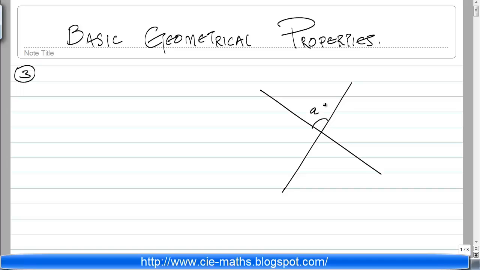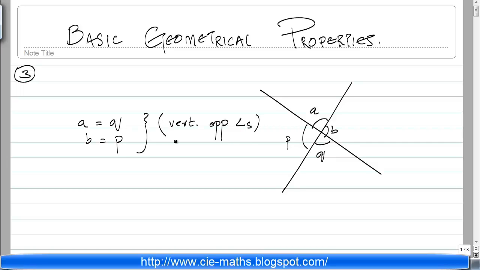That is, if this angle was A, the angle that is vertically opposite to A will be equal to A. Similarly, if this was B, the angle opposite to B would be equal to B. Instead of writing A and B, let's take some other alphabets, P and Q. So I can write that A is equal to Q and B is equal to P. The reason being vertically opposite angles. And that is the statement for this property.